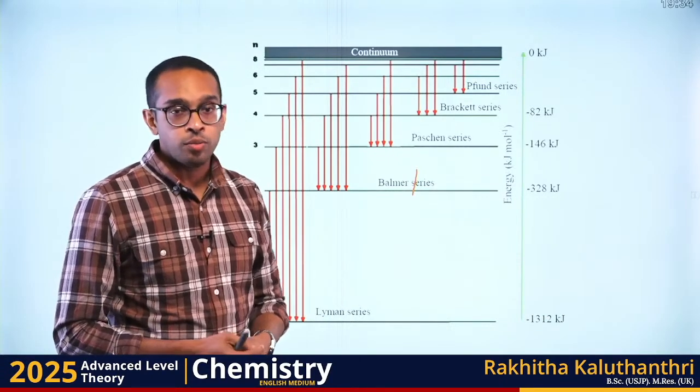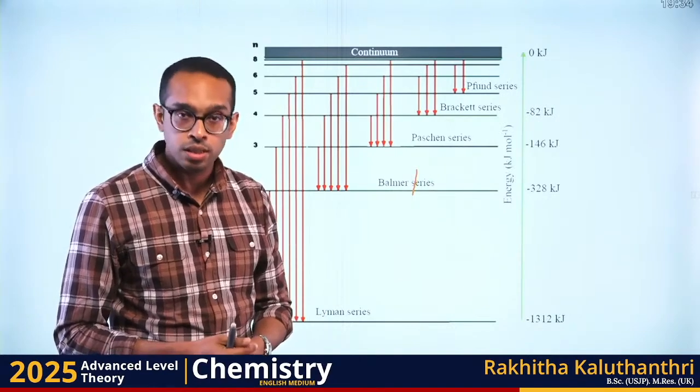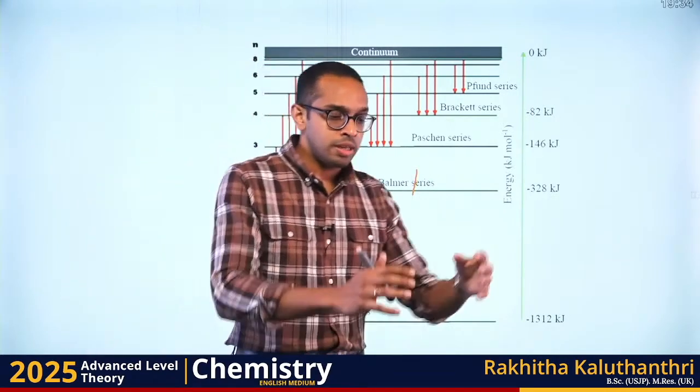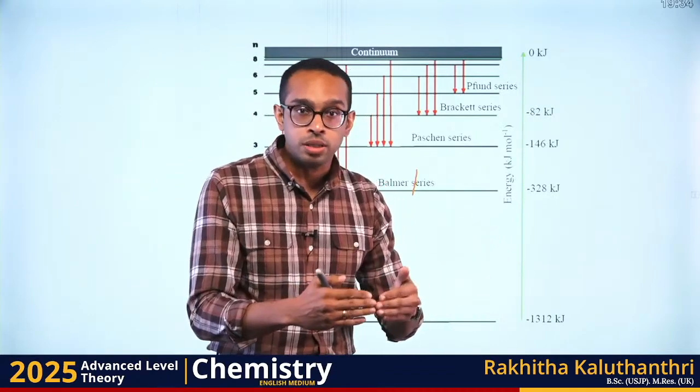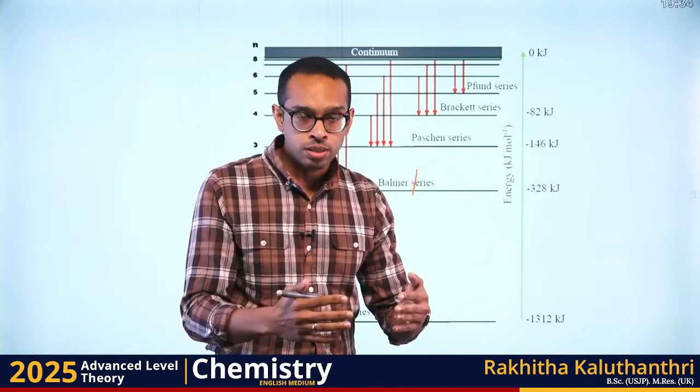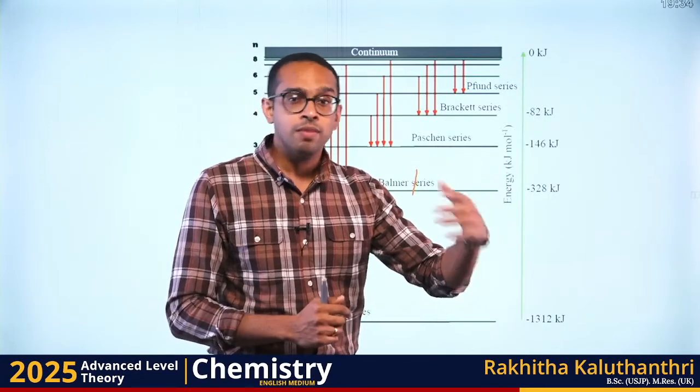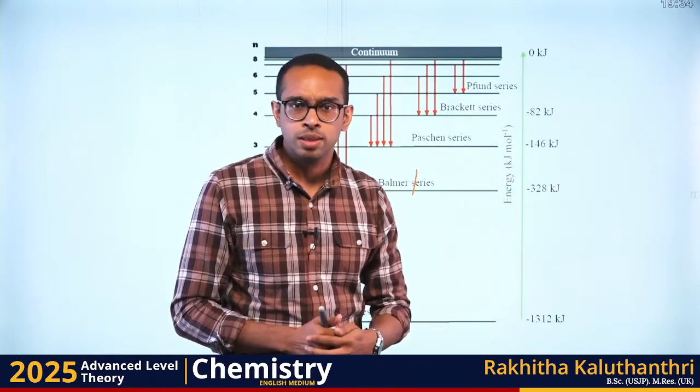Now, students, whatever we have discussed so far still remains true. We said energy levels that are closest to the nucleus have a lower amount of energy, and as you move away from the nucleus, energy levels will have a higher amount of energy. That is something that we discussed earlier.